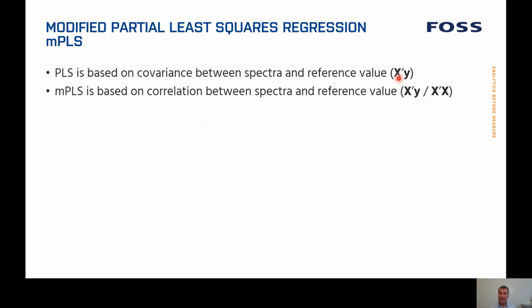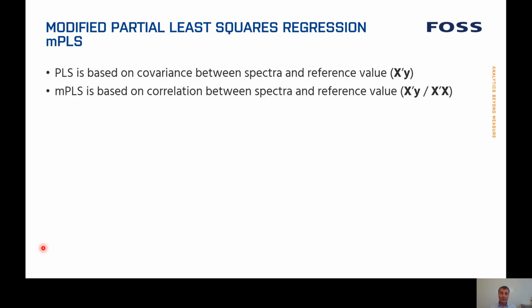Then we can try the MPLS method, because this is based on correlation between the spectra and the reference values. And instead of focusing on large variation in X, we focus on variation or correlation between X and Y. So small variations in X that correlate a lot with the protein content will come out in the first factors we calculate in the PLS model.